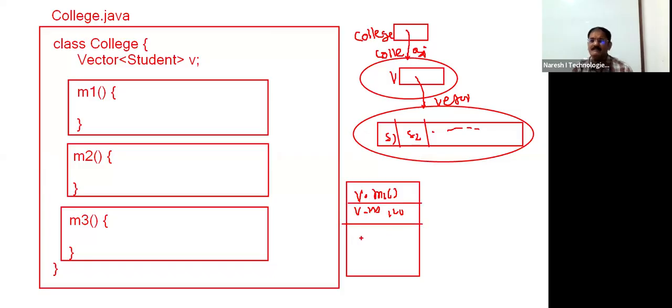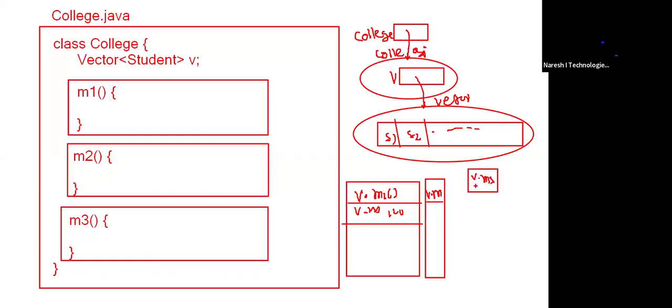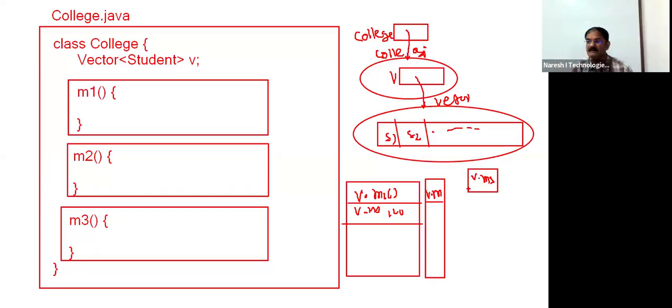At the same time, from another thread, I can call vector.search. From another thread, can I call vector.M3 for removing an object, at the same time? How many threads are accessing this Vector object? One thread or multiple threads? Multiple threads.